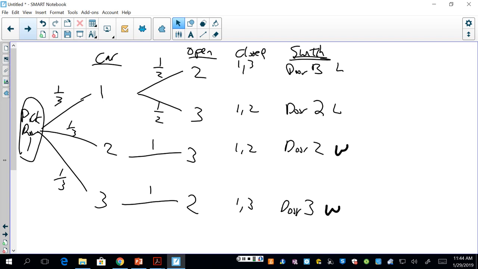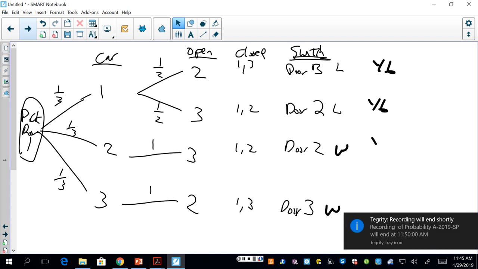But are these equally likely? If we multiply things out, we multiply all the way through 1/3 and 1/2. There's a 1/6 over here, and 1/3, 1/2, and 1/3 over here. This one, there's just a 1/3, and there's a 1/3.